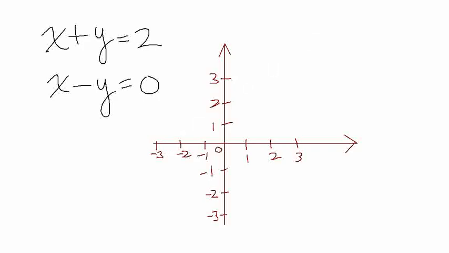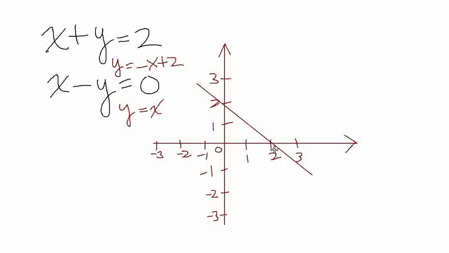So for the first linear equation, I will rewrite it as y equals minus x plus 2. The second linear equation, I'll write it as y equals x. So the first linear equation has a y-intercept of 2 and a negative slope. So that one looks something like that red line.